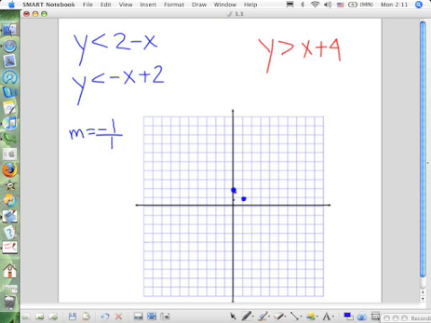Austin just said that the line was broken, so we draw a broken line through it. And the shading occurs since it's less than, above, or below the line, Patrick? Below the line, but we don't shade yet because there's a second line that we have to take into consideration.